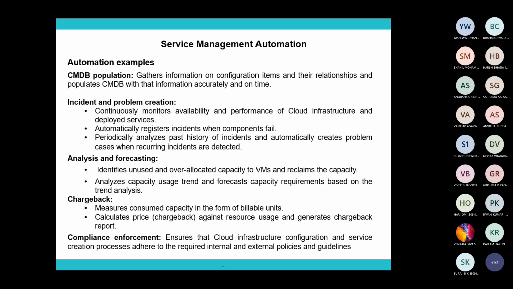If you don't receive the heartbeat information, then we come to know there might be a problem in that particular server. That is incident and problem creation. So all those things, continuously monitoring the availability and performance of the cloud infrastructure and deployed services, and automatic registration of incidents, can be automated, as can analysis and forecasting.